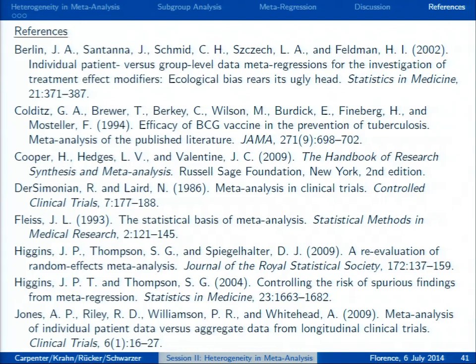I don't know if I understood well, but I should predefine if I will have a heterogeneity adjustment or not. Is that correct? Ideally, yes.